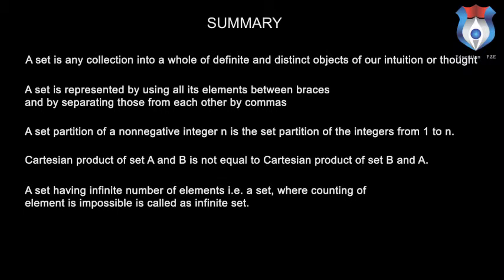A set partition of a non-negative integer n is the set partition of the integers from 1 to n. Cartesian product of set A and B is not equal to Cartesian product of set B and A. A set having infinite number of elements, that is a set where counting of elements is impossible, is called an infinite set.